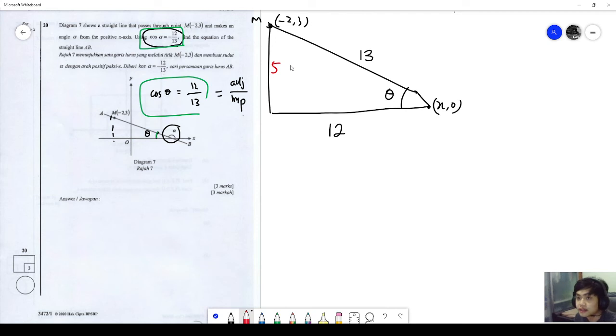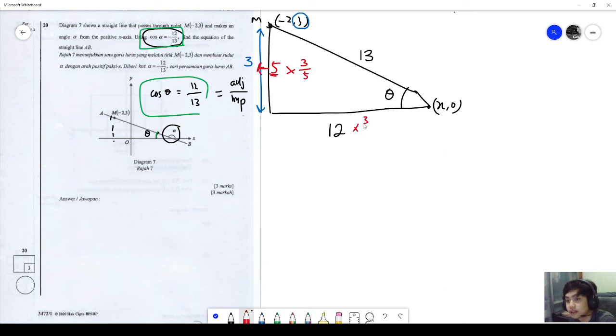However, if you notice, this is actually incorrect, because according to the triangle, this length here is actually supposed to be 3, right? But according to my trigonometric function, it's supposed to be 5. So we have to follow what the question gave us. So it means we have to scale 5 down to 3. In this case, I'm just going to do times 3 over 5, and then I can get 3 here.